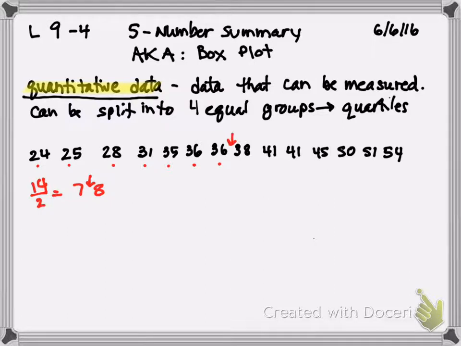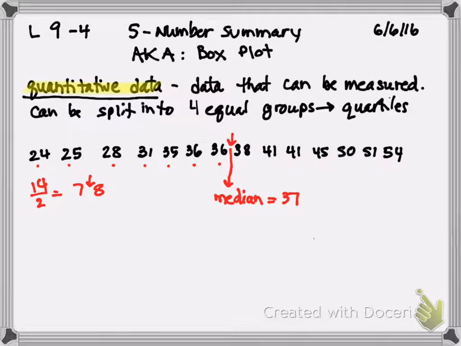My median is going to fall right here. It would be halfway between 36 and 38. That's an easy one, I don't even need to calculate it. It's 37. Now what you notice is that I've got two groups of 7 numbers.